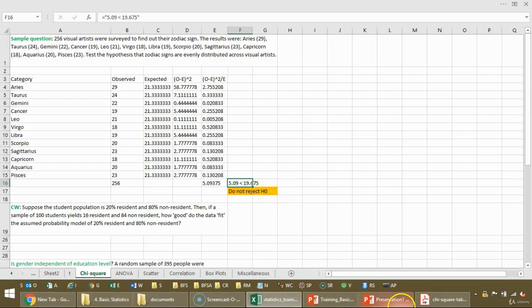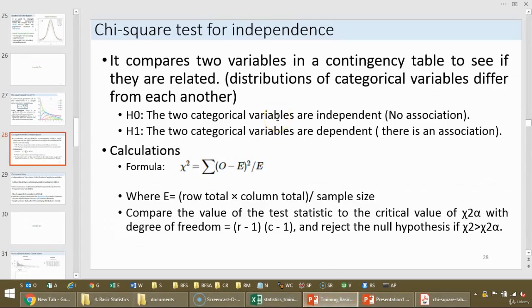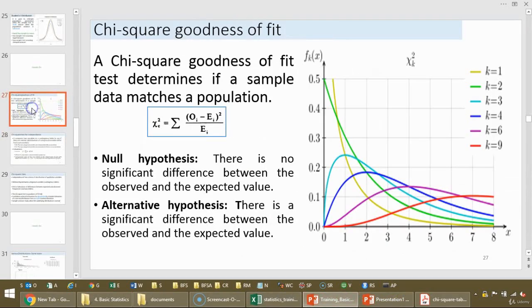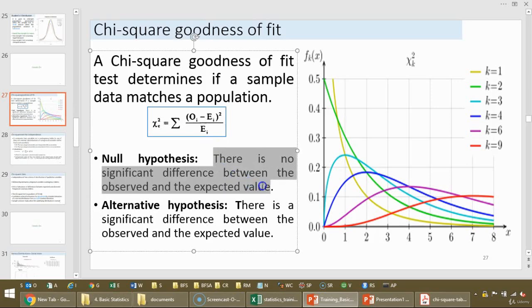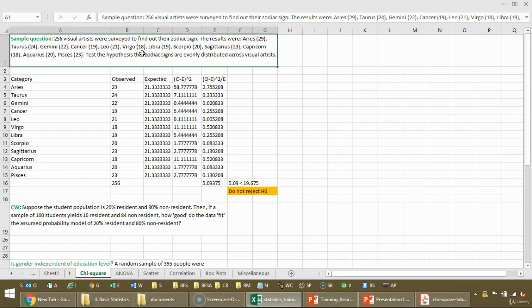So what is the meaning of this? It means the null hypothesis is true. So there is no significant difference between the observed and expected values. So what we can say is that it has an even distribution. What is the meaning of that?